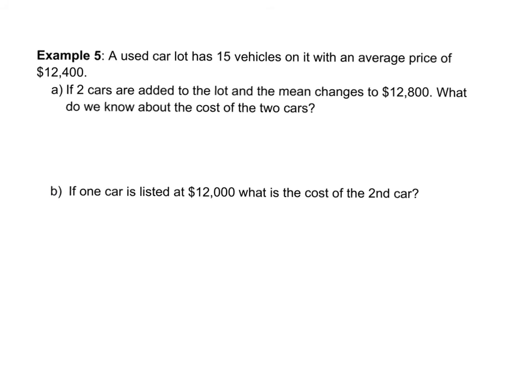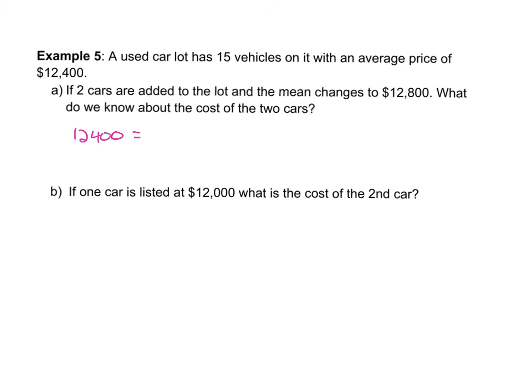Okay. Example 5, a used car lot has 15 vehicles on it with an average price of $12,400. If 2 cars are added to the lot and the mean changes to $12,800, what do we know about the cost of the 2 cars? Well, if we think about what we had for the first part, we had $12,400 as our average.